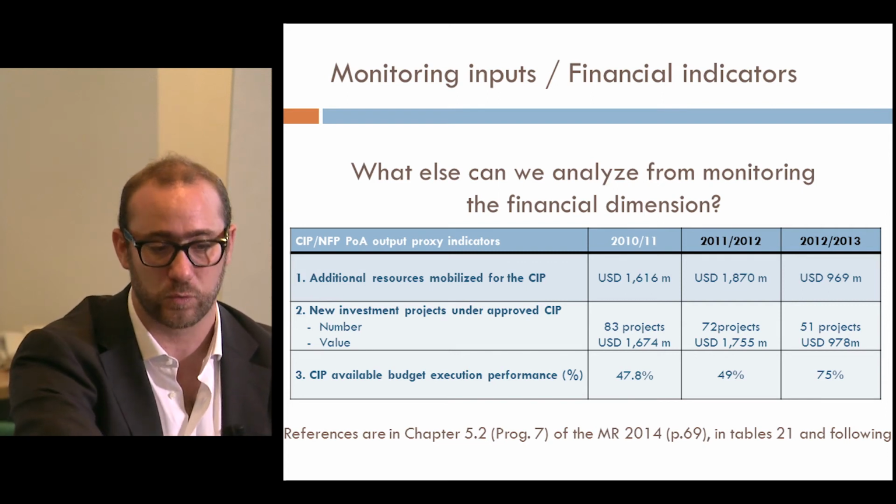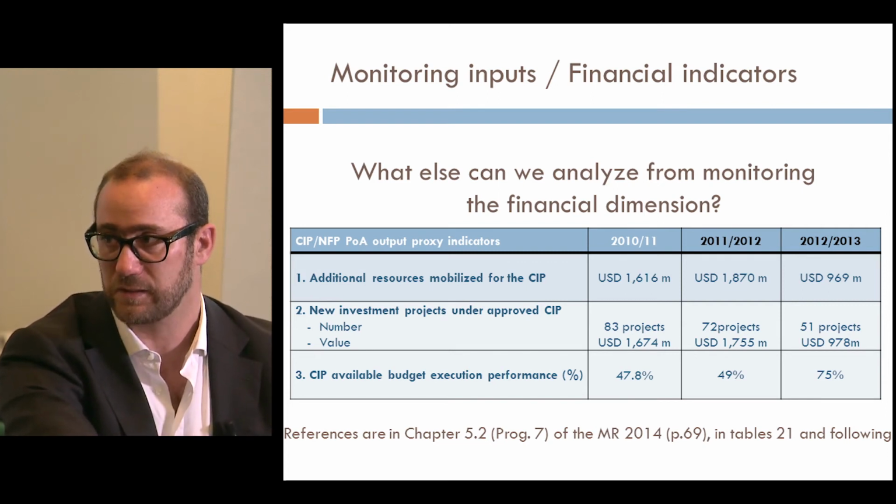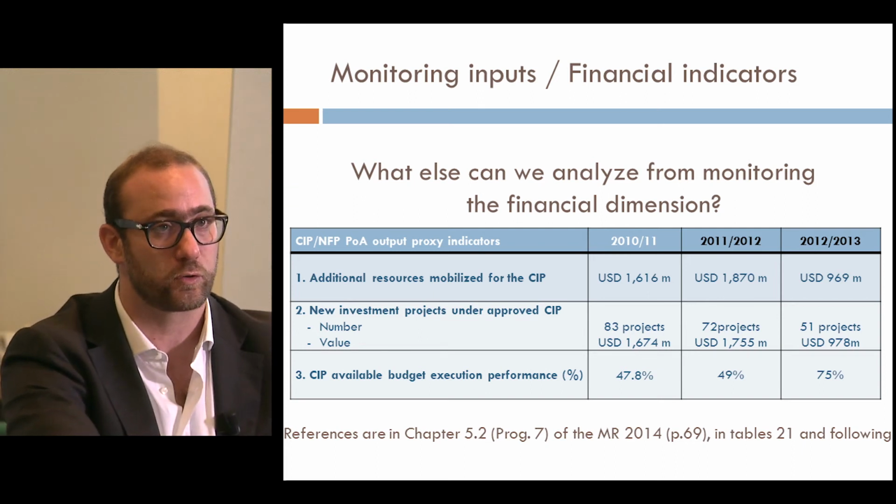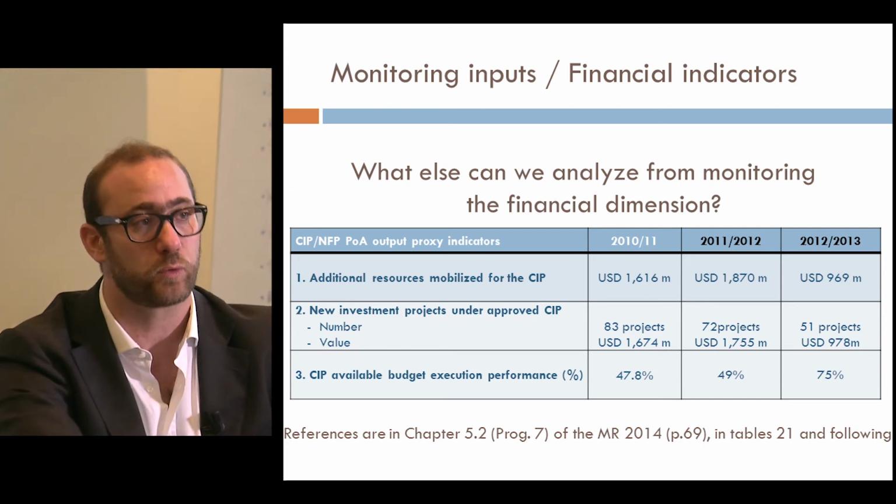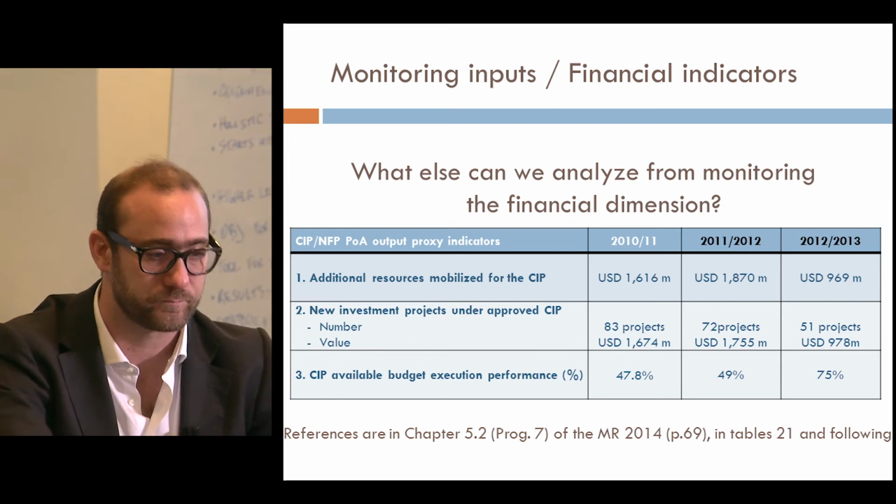And probably that shows that we need institutional capacity development for the ministries in order to disburse faster, in order to achieve the objective faster. This is just the breakdown.